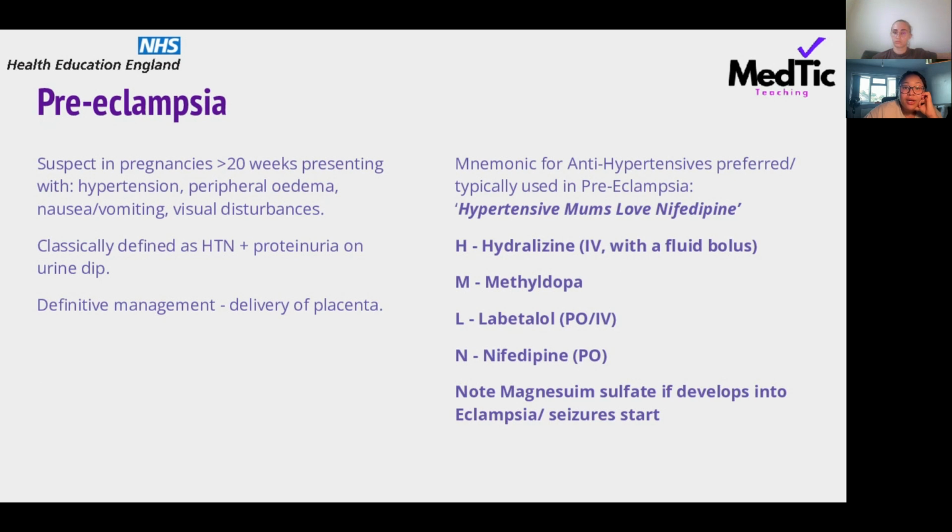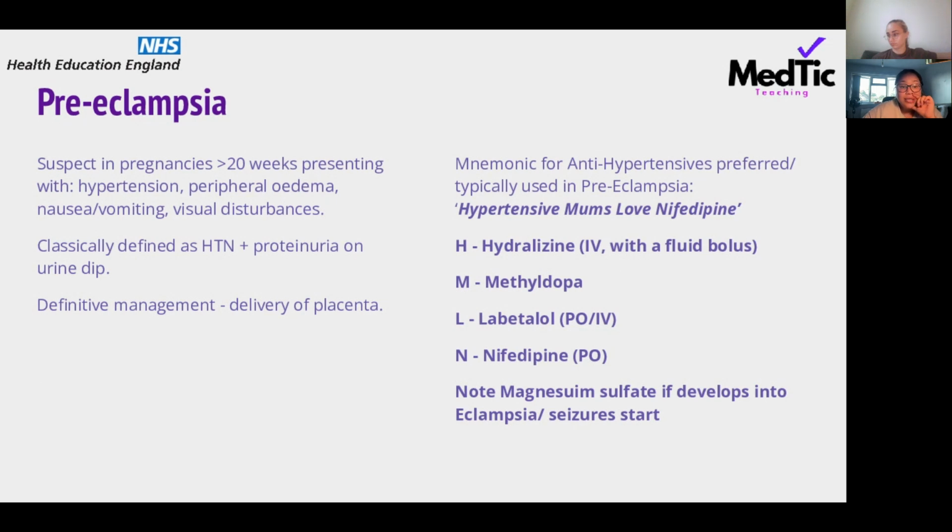Any woman who is over 20 weeks of gestation and presents with hypertension, edema, potentially nausea and vomiting and visual disturbances should always be a red flag. And typically it's classed as hypertension and protein in the urine on a urine dip.